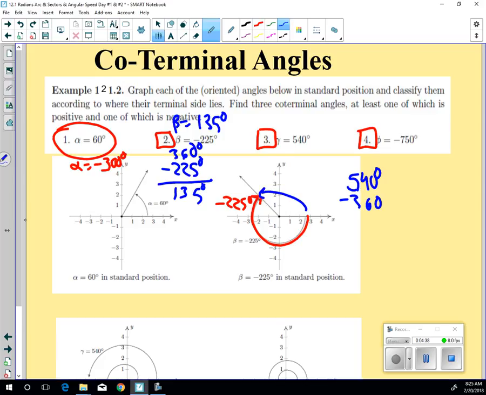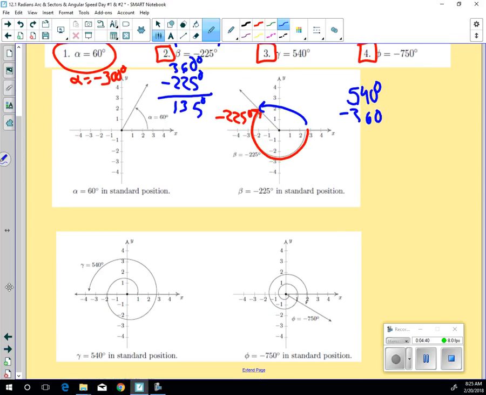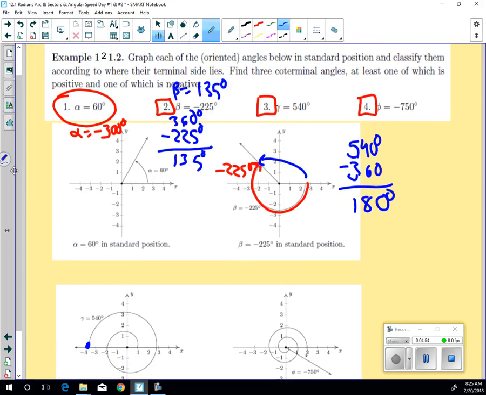And if you look at my picture here, you can kind of see this. It makes one loop, and then some. So if we subtract that, you're going to get 180. So this will be pi, or it'll be 180 out here. For this one, you have gamma equal to 180.